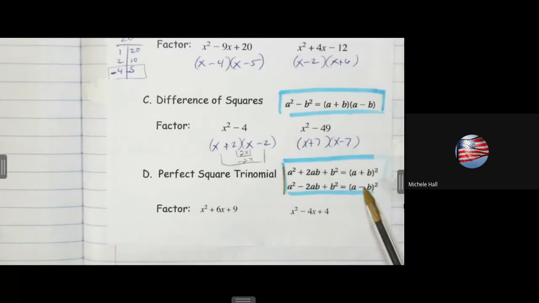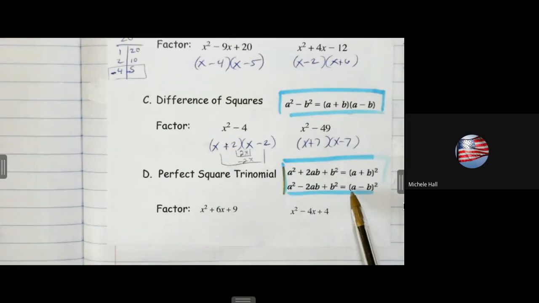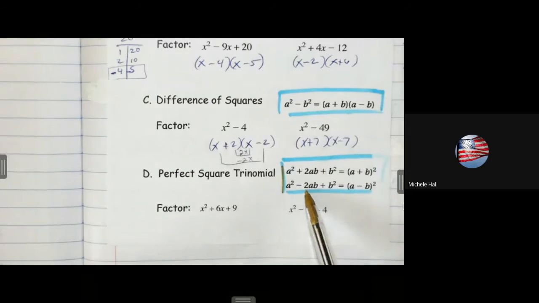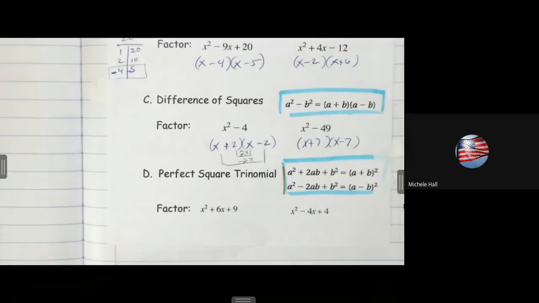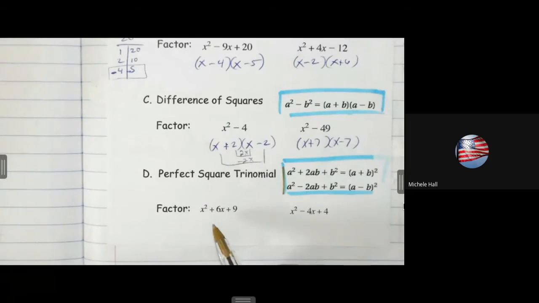So you can just do 2ab. 2 times the a term times the b term gives you the middle term. If it has a minus sign in it, then it would be 2 times a times negative b, giving me negative 2ab. We're going to practice that. I'm just mentioning it now, and then I'm going to keep drilling it down that we can go right from here to the answer. All right, so we need to factor this.